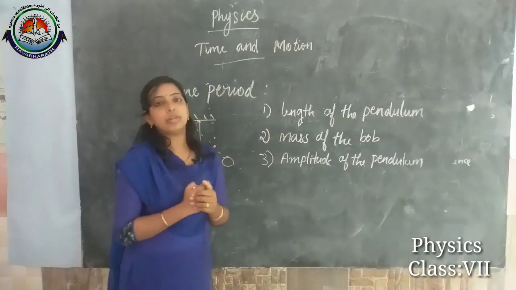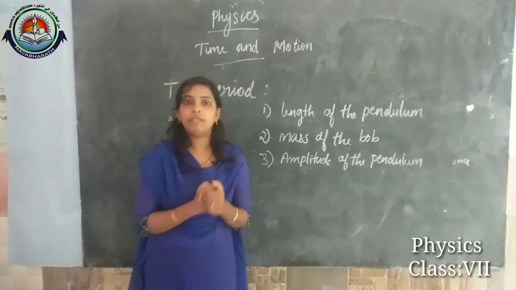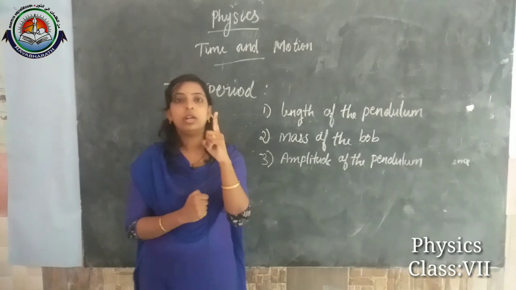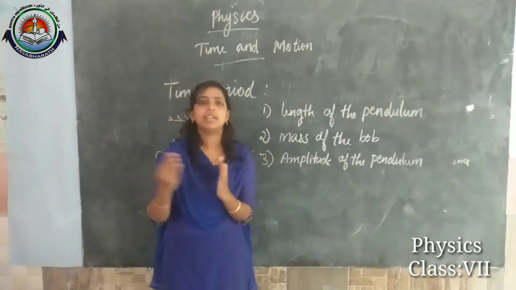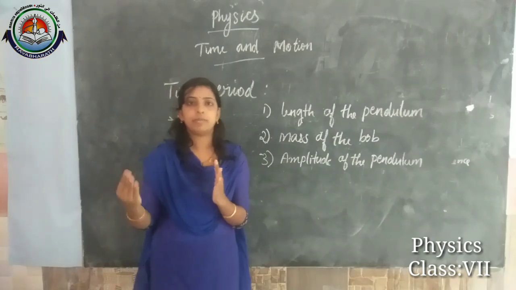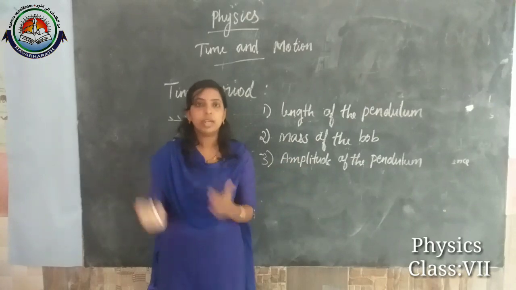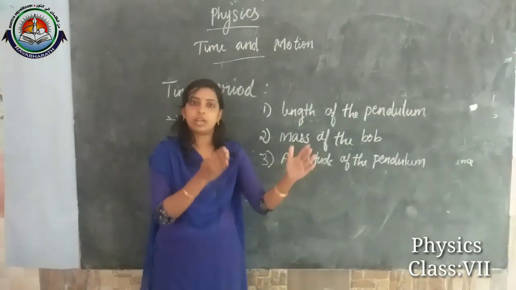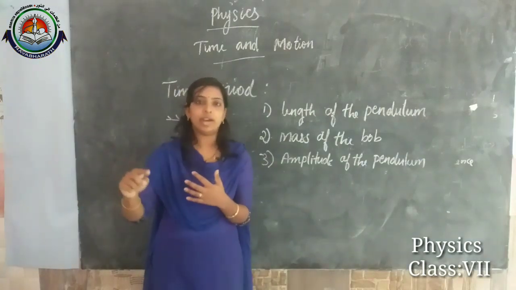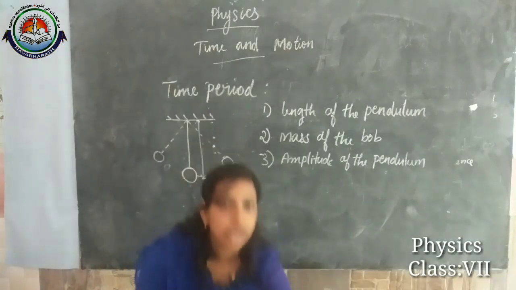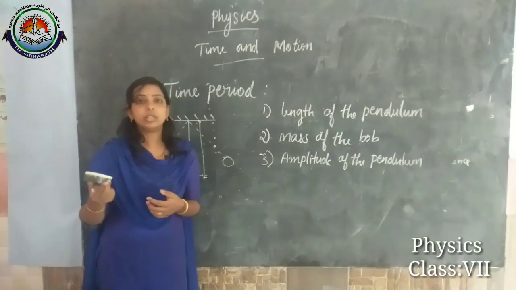And one more thing to remember: if we need to find the time period of a simple pendulum, we can't measure one oscillation only, because one oscillation will be a decimal number, like 1.2 or something like that. So for experimental purposes it is better to count some more oscillations, then divide. I will show you how we do it, or we will explain it with the help of a problem.